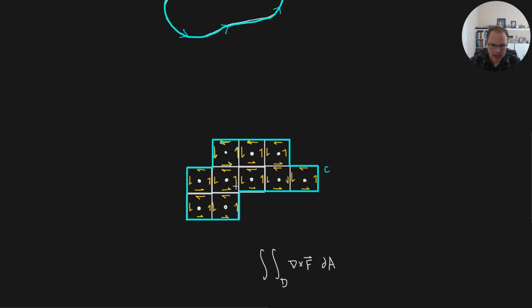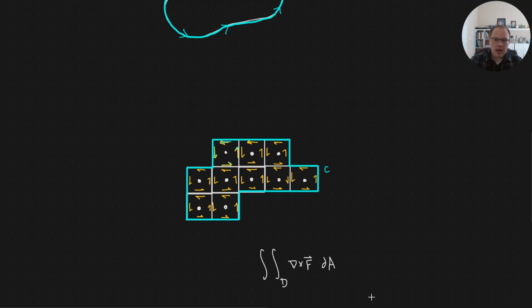All those little boxes added together. We're just adding up all the little curls. Now, I've drawn them as discrete boxes, but imagine these boxes get smaller and smaller and smaller, and in the limit, they're just a point. That's what we're doing here. We're taking the curl around each point, the infinitesimal circulation around a point, and we're adding them all up for every point in our interior region D.